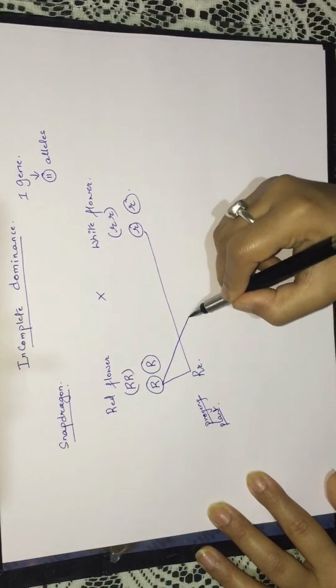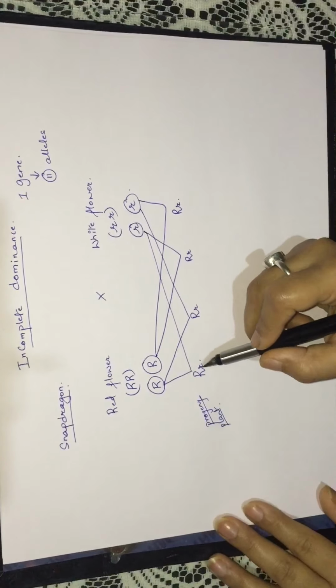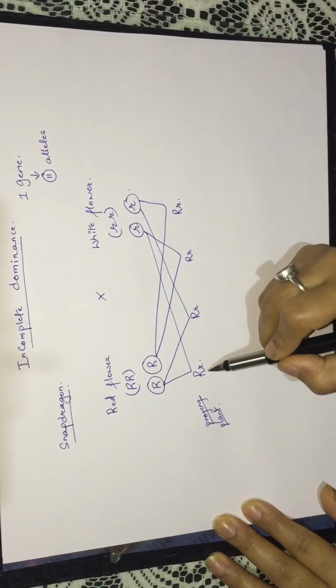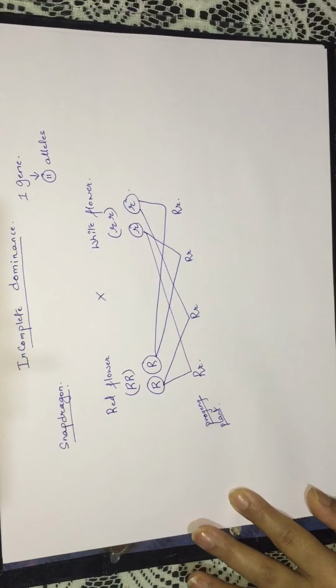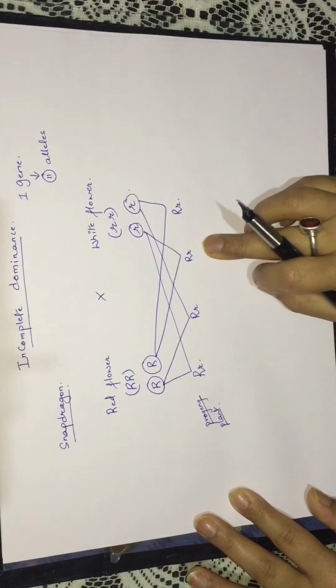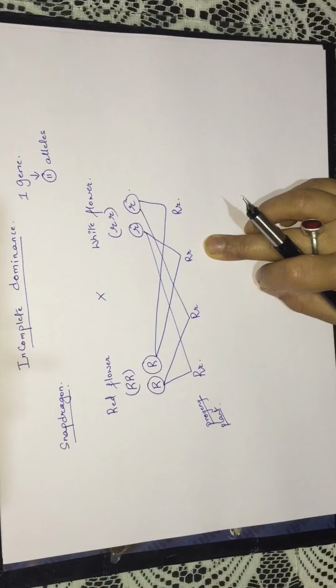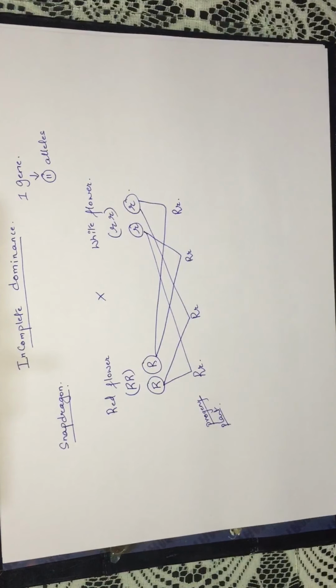So all the combinations have heterozygous alleles, capital R and small r. If we compare this with the monohybrid cross that Mendel did, then we would have said that all these flowers will have red color, but it is not so.